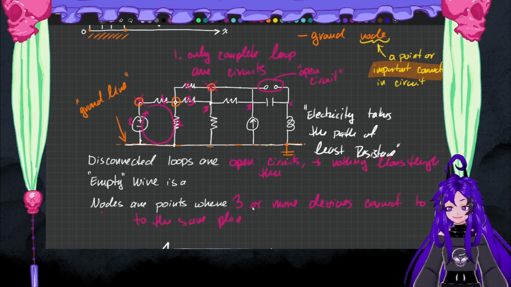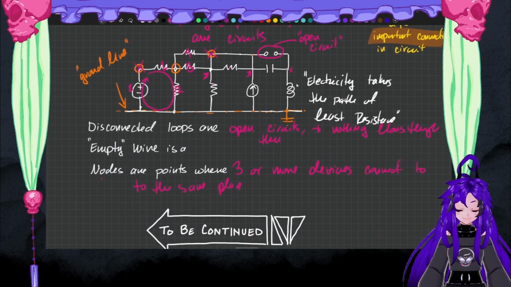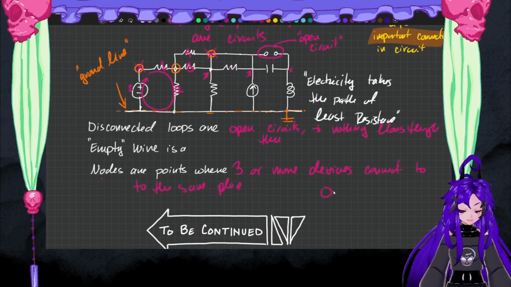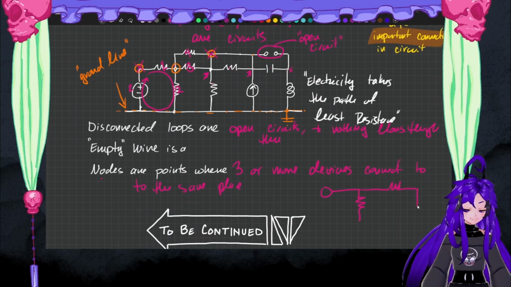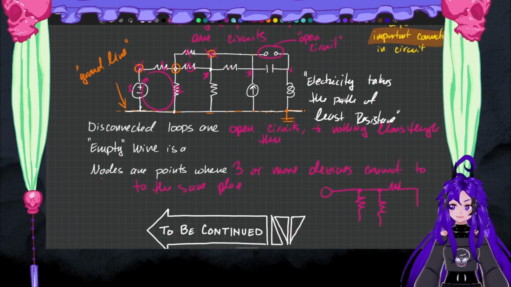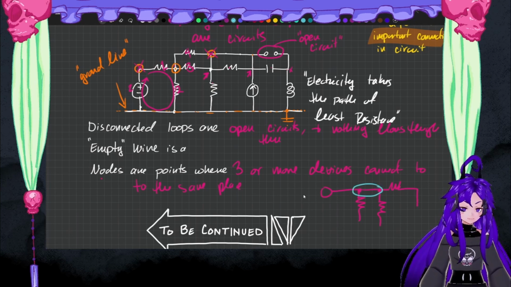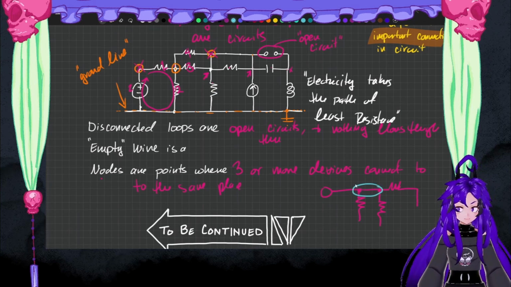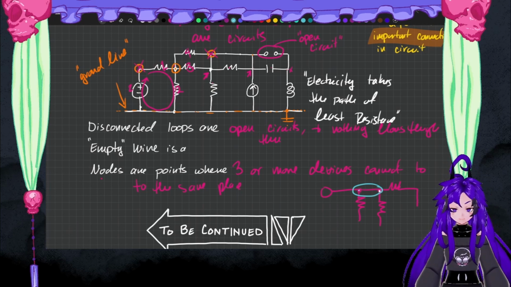And this can be a little bit tricky because you can also draw things like this. Like that. So what's happening here? Well, okay, this is a blank wire. An empty wire between two points like this effectively doesn't matter.